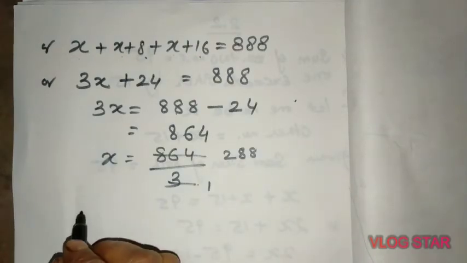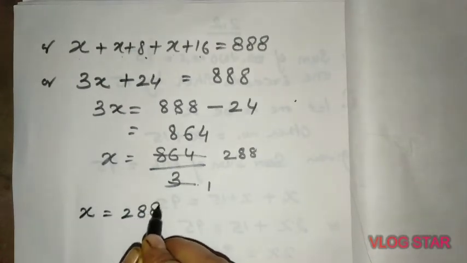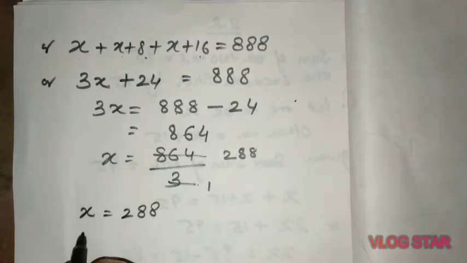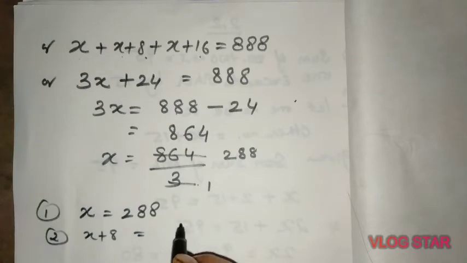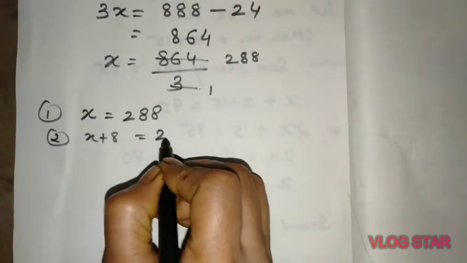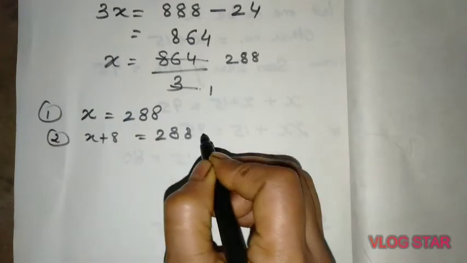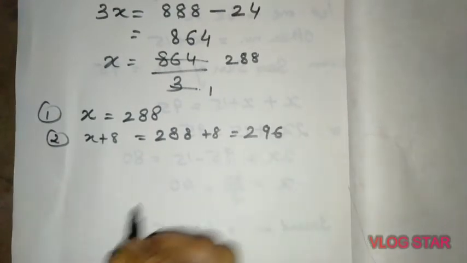So the value of the first number is 288. The second number is x plus 8, that is 288 plus 8, that is 296.